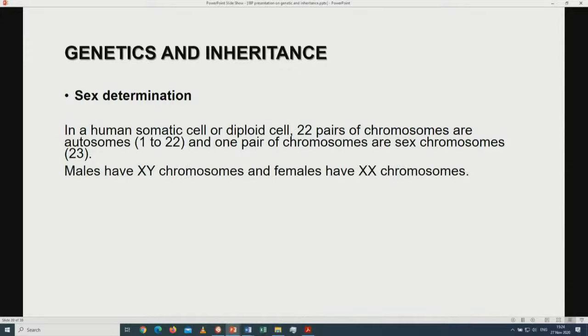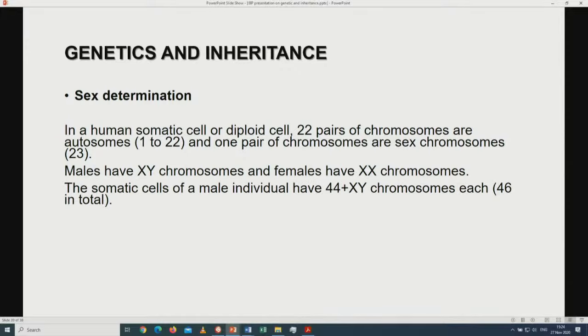In pair 23, males are represented as XY and females as XX. The somatic cells of a male individual have 44 autosomes and 2 gonosomes, which are represented as X and Y.